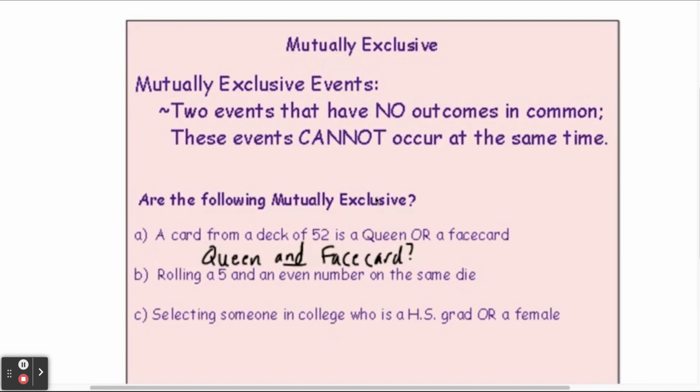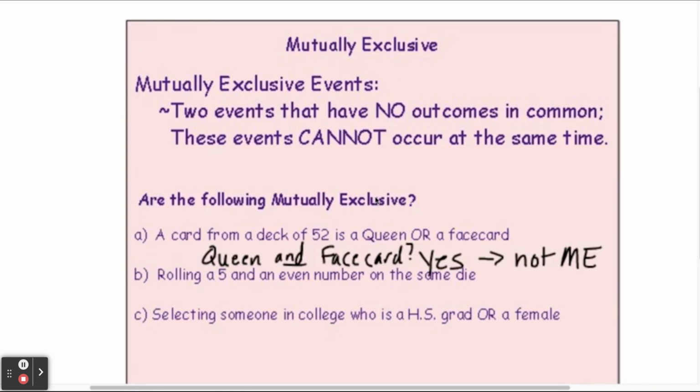One of the bullet points, you will see, is that a queen is in fact a face card. The queen has a face on it, and that's what makes it a face card. Because one card could be a queen and a face card, these events are not mutually exclusive because they can happen at the same time. That's where people get tripped up. It's not mutually exclusive because it can happen at the same time.